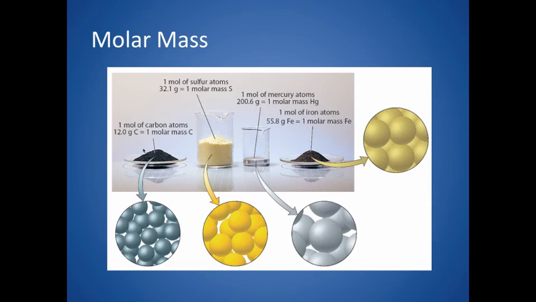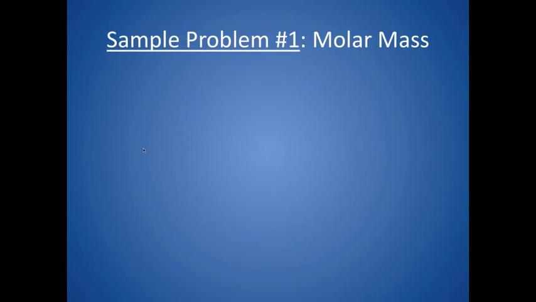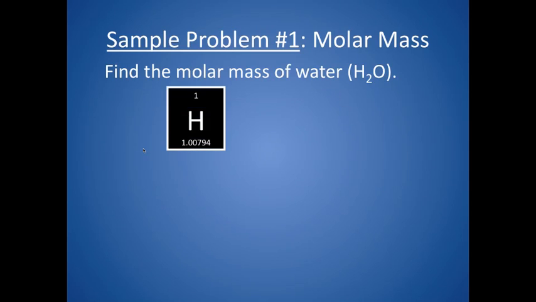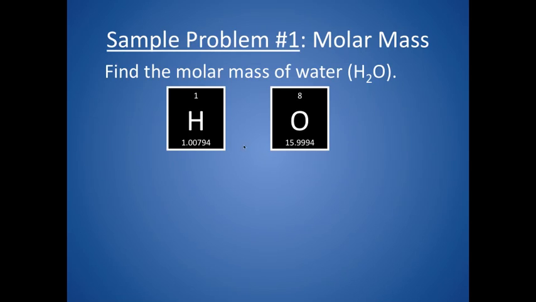You just need to look at the atomic mass, which is the decimal number that's usually underneath the chemical symbol. So let's do a sample problem here. If I asked you to find the molar mass of water, which is H2O, how would you do that? Well, you take hydrogen, and you take oxygen. Now the atomic masses we're dealing with are down here again. It's going to be the decimal numbers.